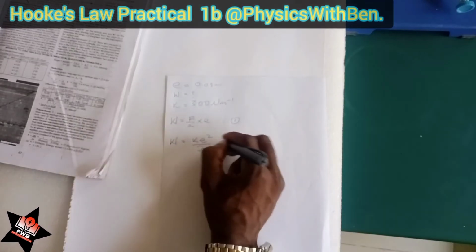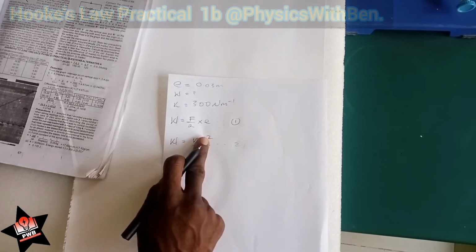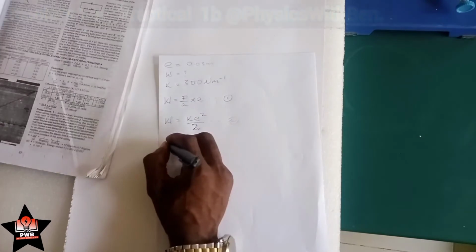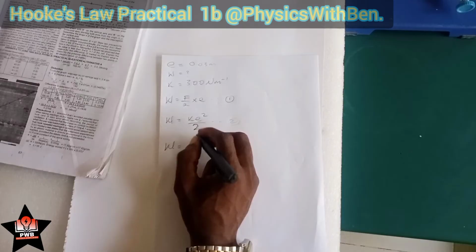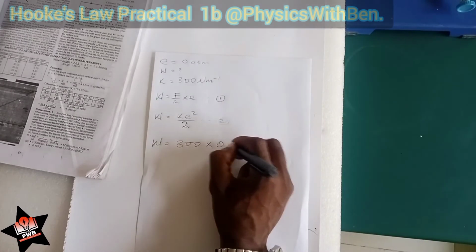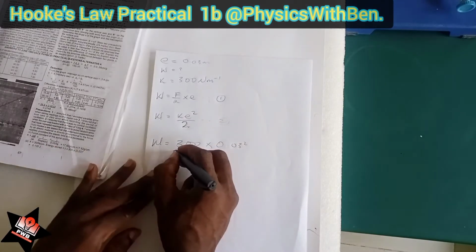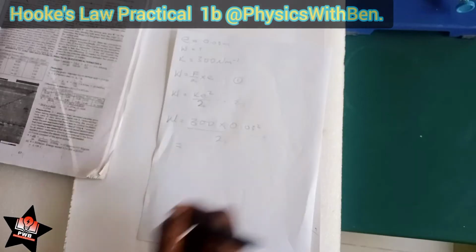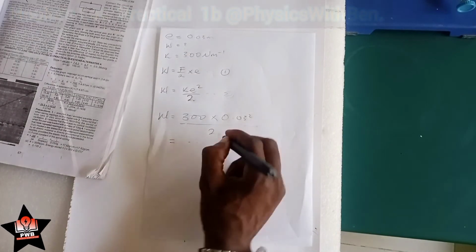We call this equation number 2. So this is the equation we are going to use. With this, you can say that your W is equal to your K, which is 300, times 0.03 all squared. You divide that by 2 and you get your answer. You put it in joules.